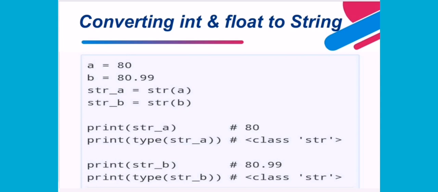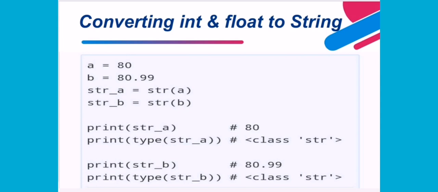Now we are using two variables, str a and str b. str a equal to str of a. This is the str function. I am passing a in the str function, and then b, and then I'm printing str a, and in the next statement I am printing str b.